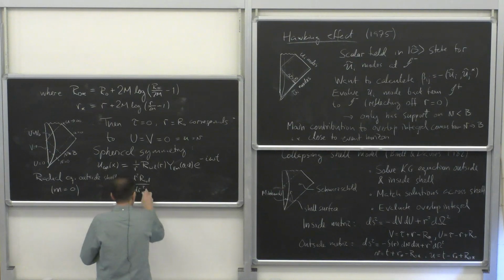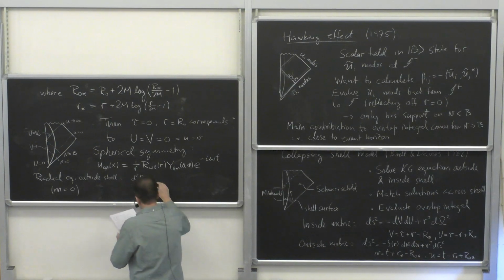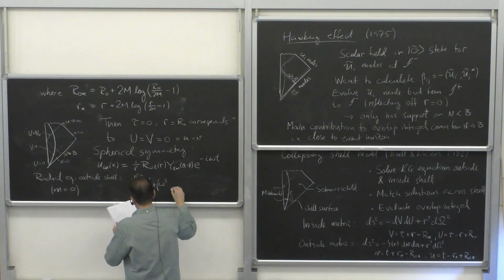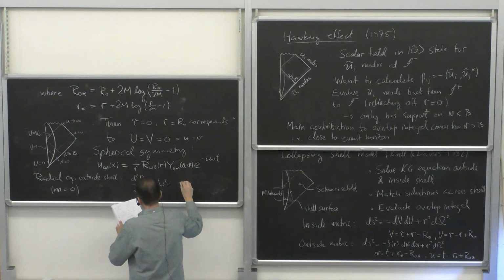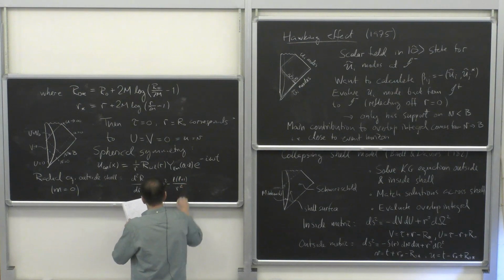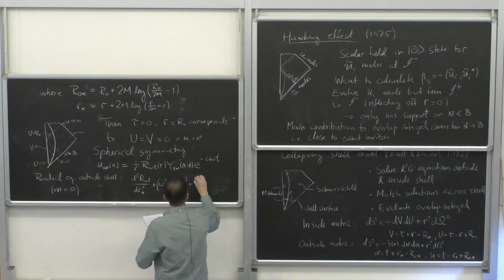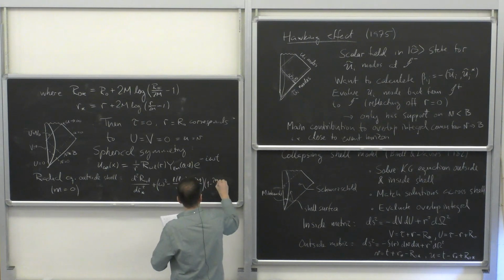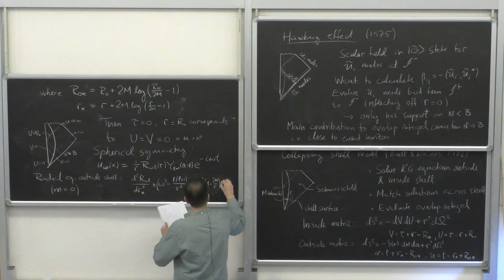I'm writing it in terms of the tortoise coordinate. I will have the energy eigenvalue squared here. I'll have l(l+1), the usual angular momentum term. Now, there are some terms here that are coming from the Schwarzschild background. You just have to work out what the Klein-Gordon equation is in this background, and you will have 1 minus 2M over r.